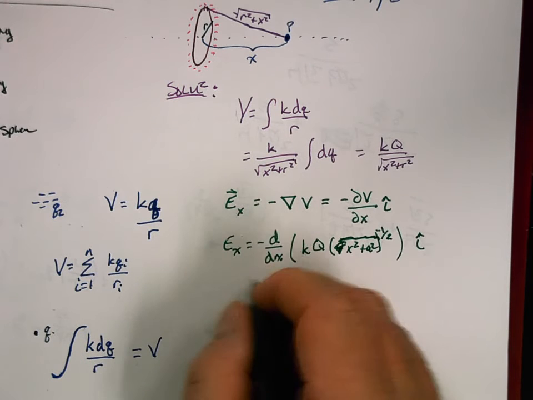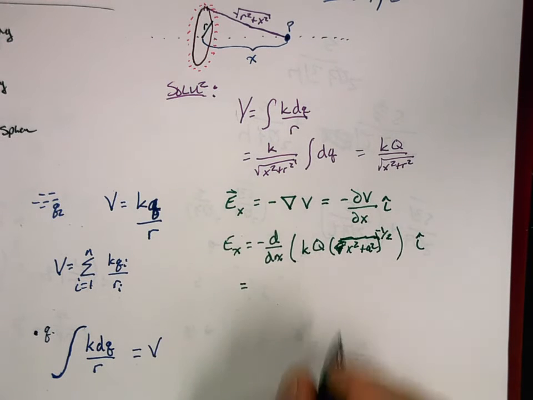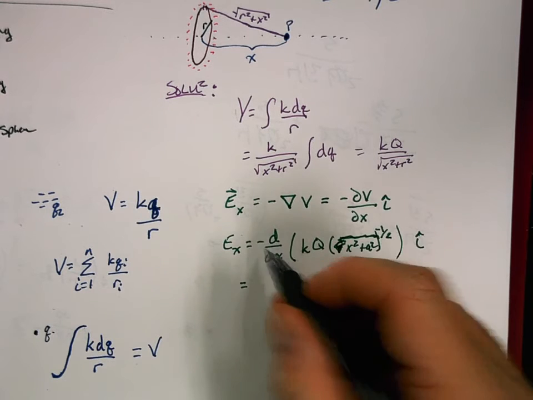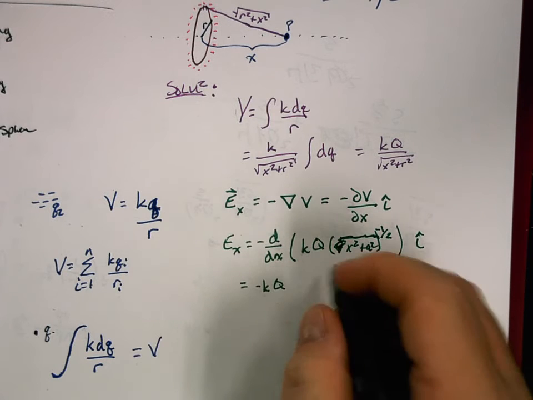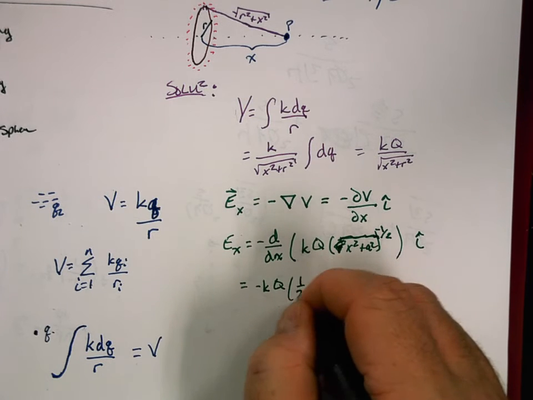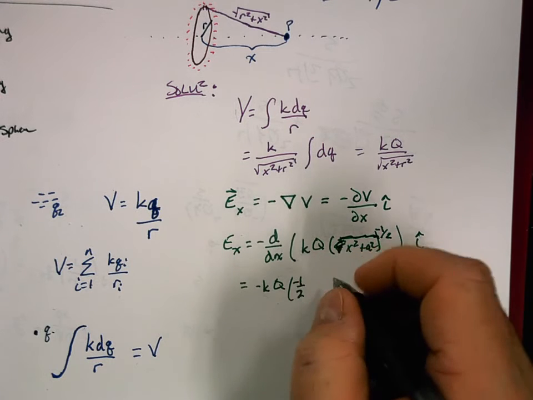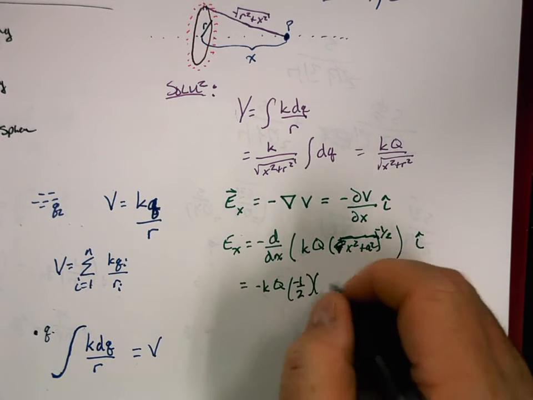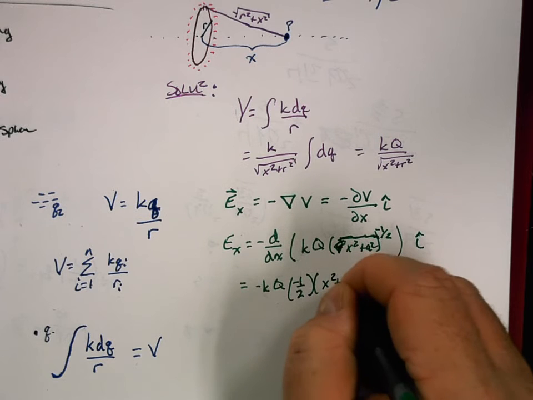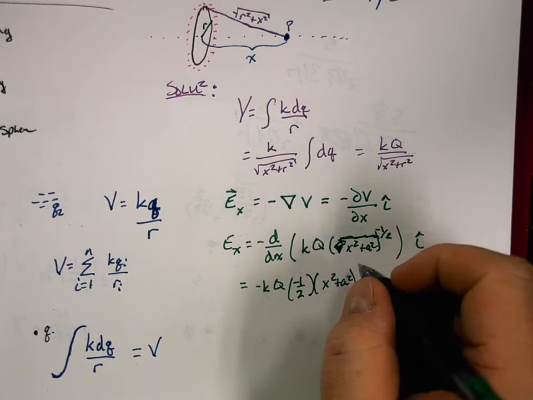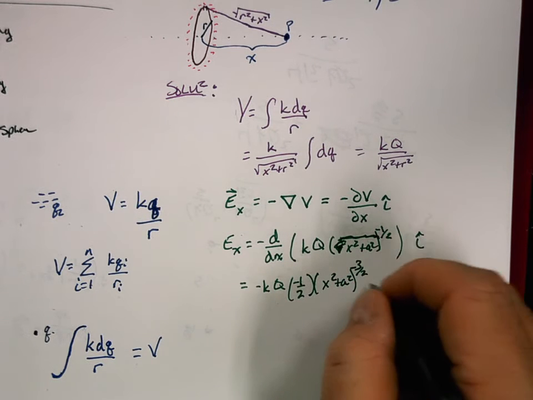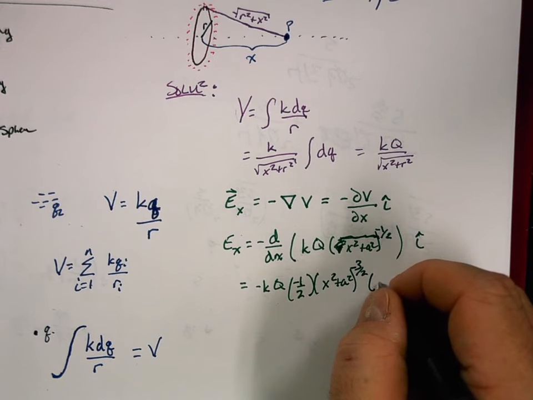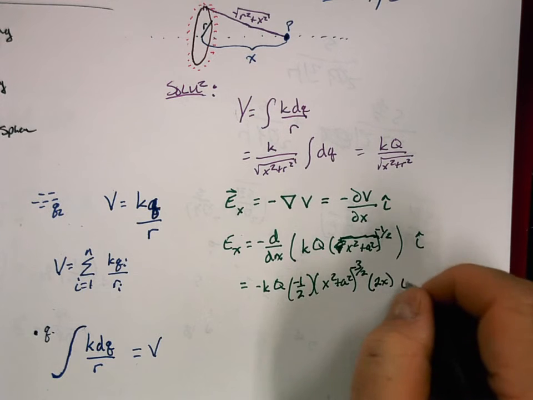All right? And so this negative 1/2 is eventually going to make a positive out here, so we're going to get a kq. In fact, let's do this. kq times negative 1/2 times x squared plus a squared to the negative 3/2, times the derivative of the inside, 2x, i hat.